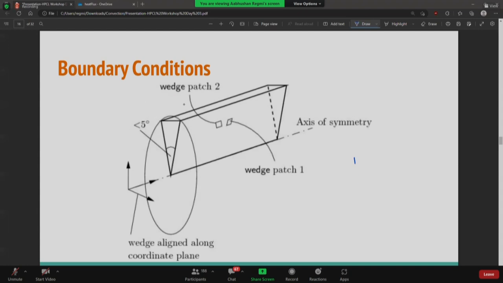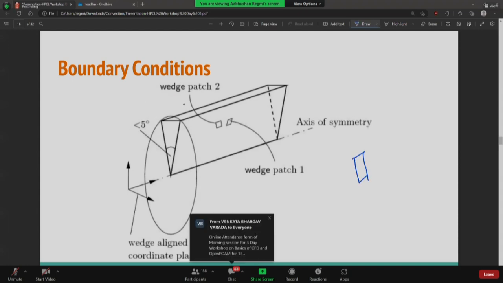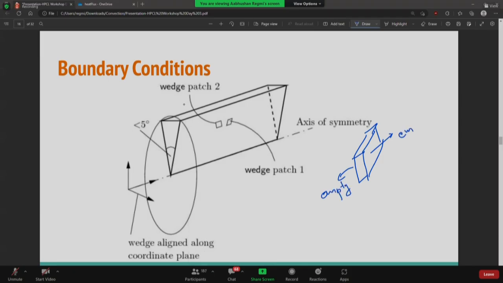In 2D simulation, you might have noticed that we are giving the empty boundary condition. So if it's a 2D simulation here and at this wall, we would be providing the empty boundary condition. This is quite similar to that. So here we provide, instead of empty, wedge in the direction where we don't want to do the calculation.